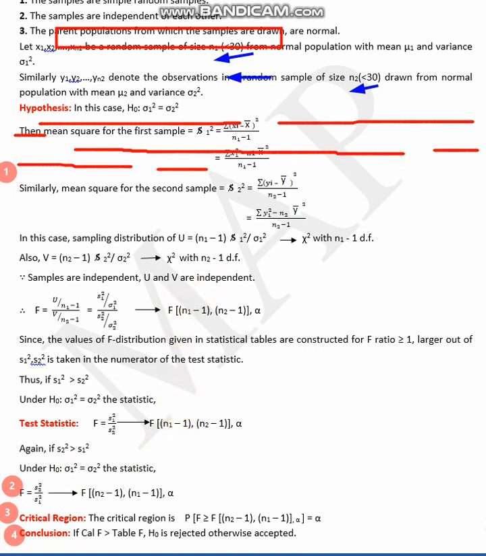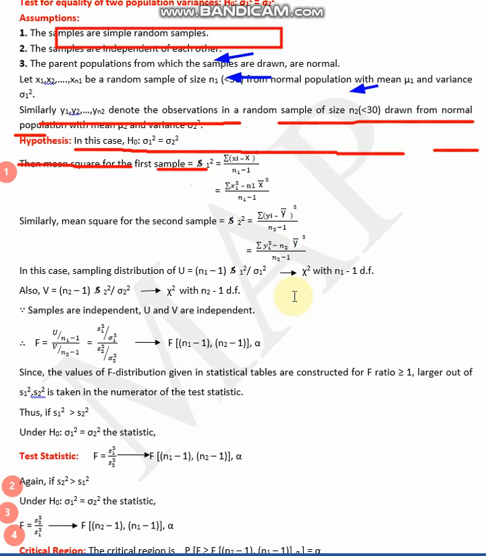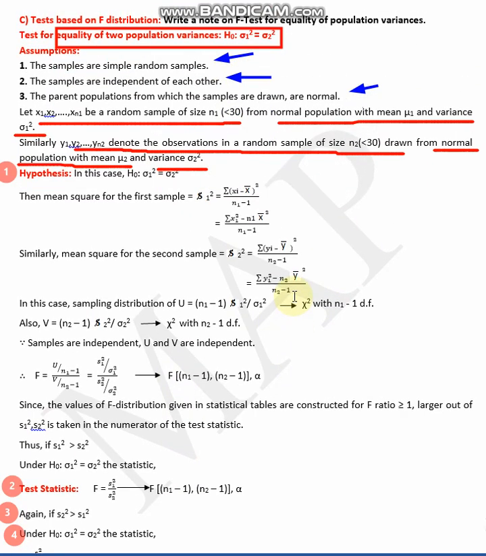Therefore we first need to set up our null hypothesis. And what is our null hypothesis in this case? The null hypothesis H naught is sigma 1 square equal to sigma 2 square. So we are assuming that the two population variances are the same.